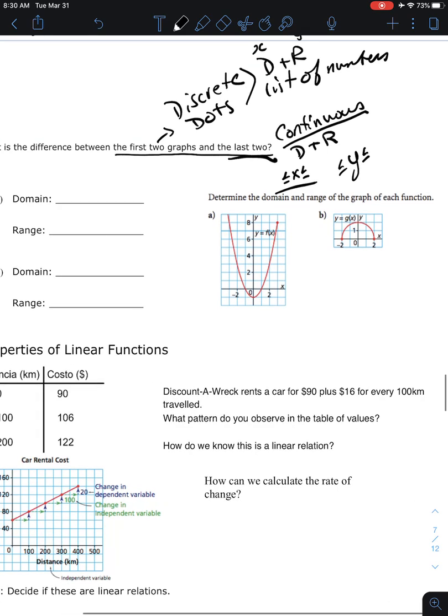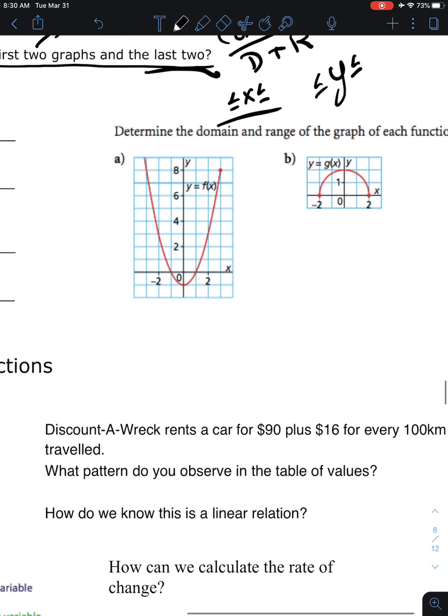So over here, I've got these 2 graphs, and I'd like you to try and do the domain and range for them, and then I'll give them to you, and you can see if you got it right. Okay, so the domain for this first one, for A, you can see that this line, there's no dot. That means this is going to continue going up and to the left.